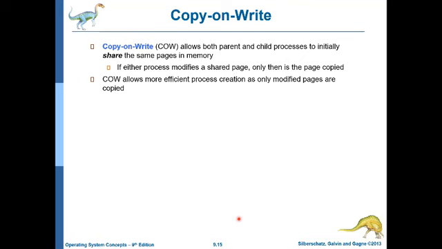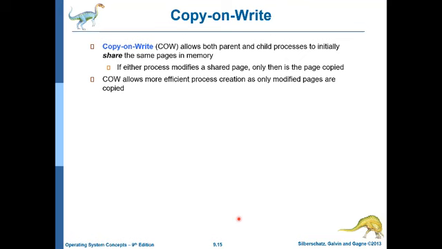All of them can share the pages without any error or modification. But if one of the processes needs to modify the page, then it can create a problem for the other process which needs the older data.